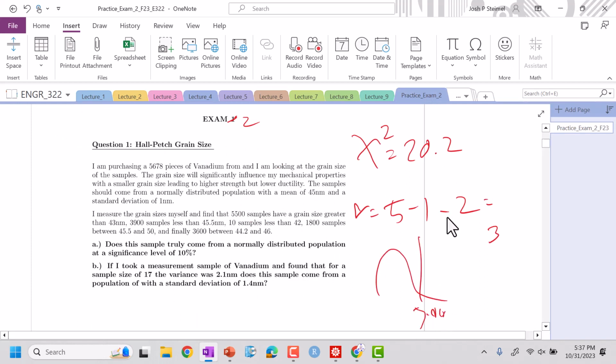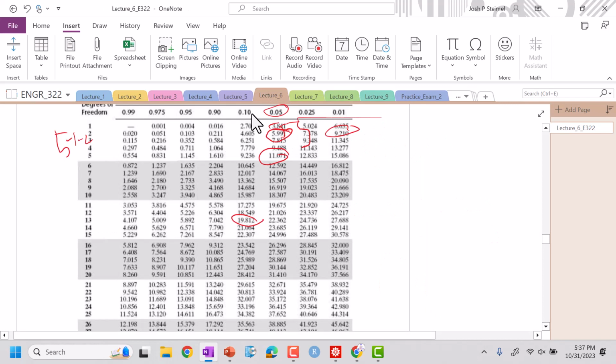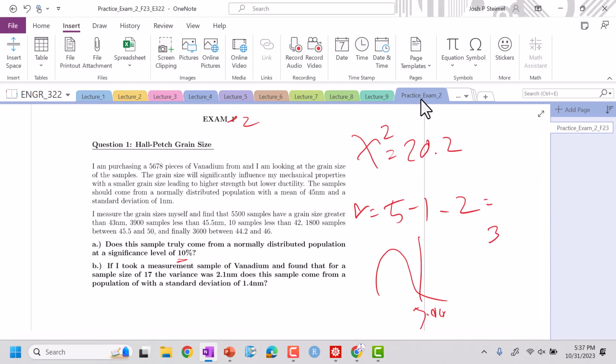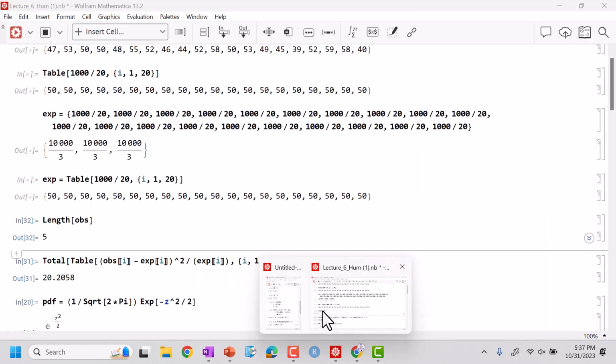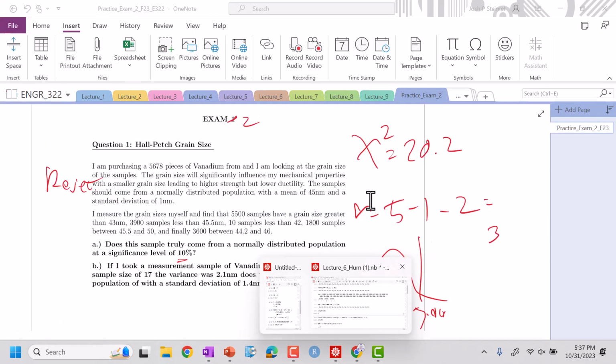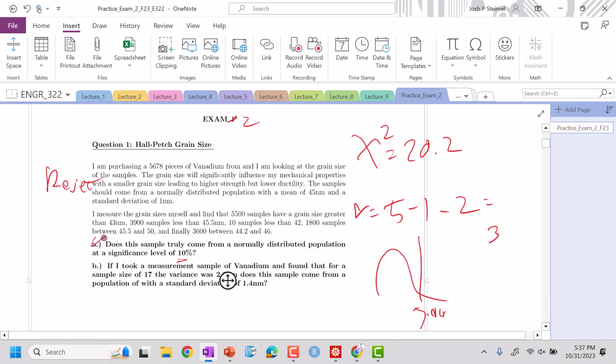Oh, excuse me, it's 0.1. So 0.1, even worse, 4.6. That's going to be a big old reject. It's not going to work.